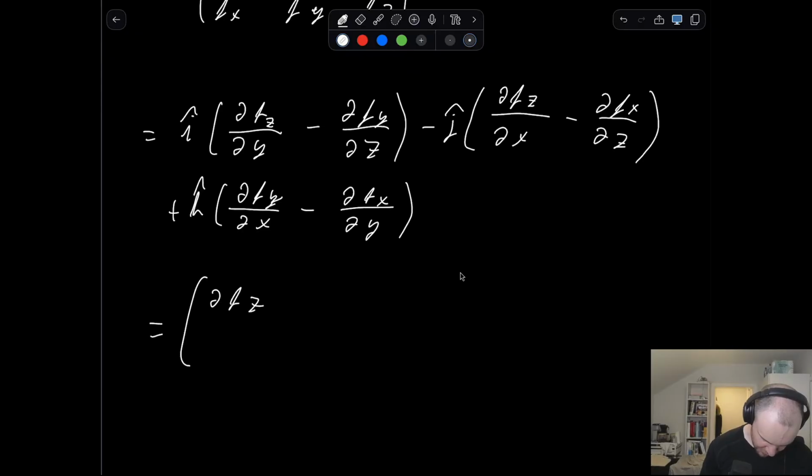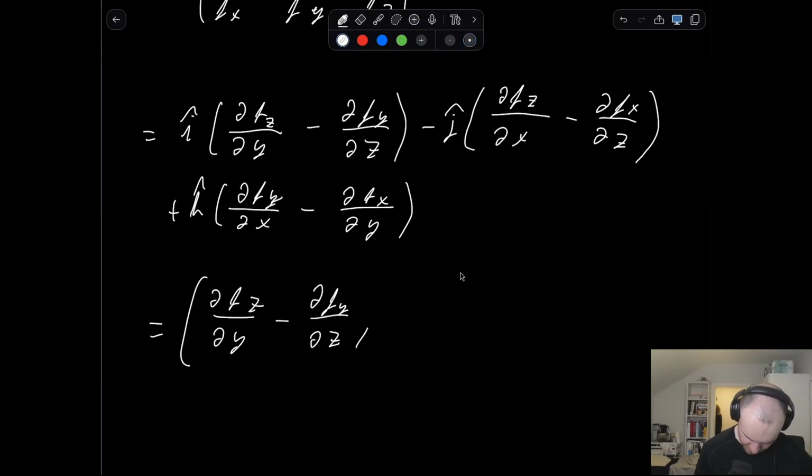And usually you just flip things around to make things more neat. So partial f z in terms of y minus partial f y in terms of z, comma, I turn this around and I get partial f x in terms of z minus partial f z in terms of x. Nice.